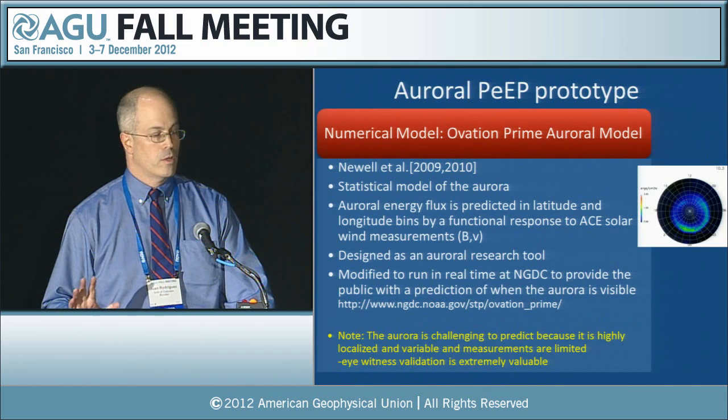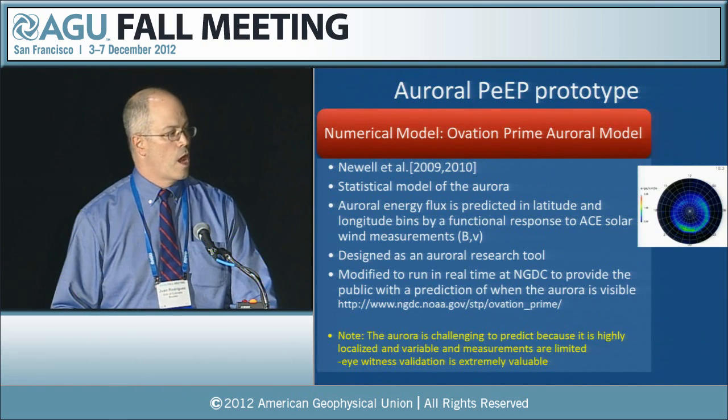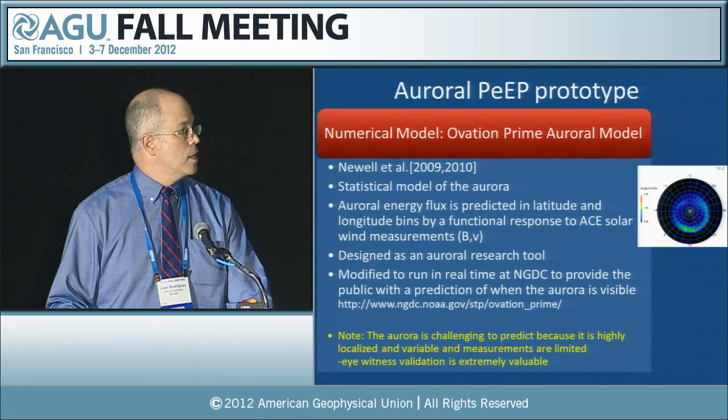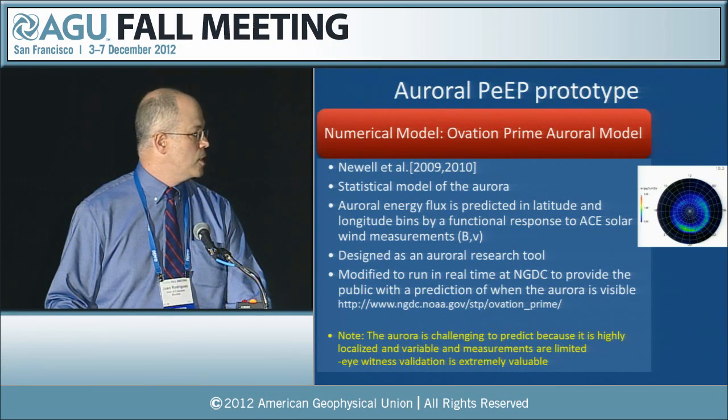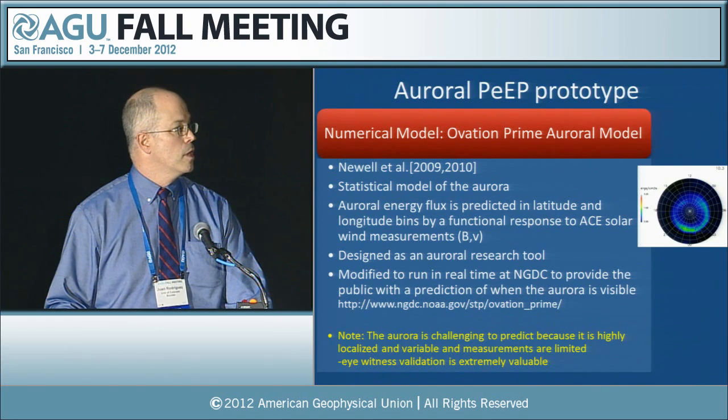So it's a very good correlation. It's a functional response, it's somewhat complicated, but it works very well. This was designed as an auroral research tool, and it has been modified to run in real time at NGDC to provide the public with a prediction of when the aurora is visible.